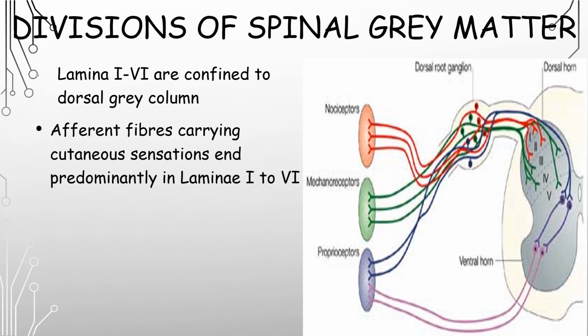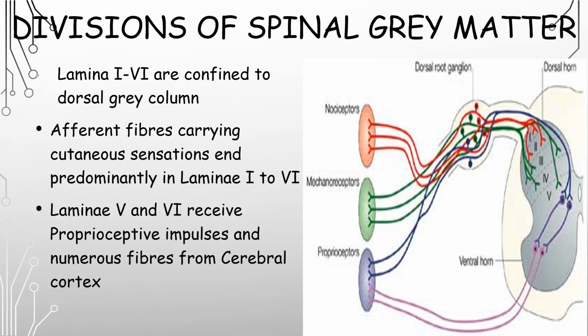Afferent fibers carrying cutaneous sensation end predominantly in laminae 1 to 6, proprioceptive sensations are received in laminae 5 and 6, and these laminae receive numerous fibers from the cerebral cortex.